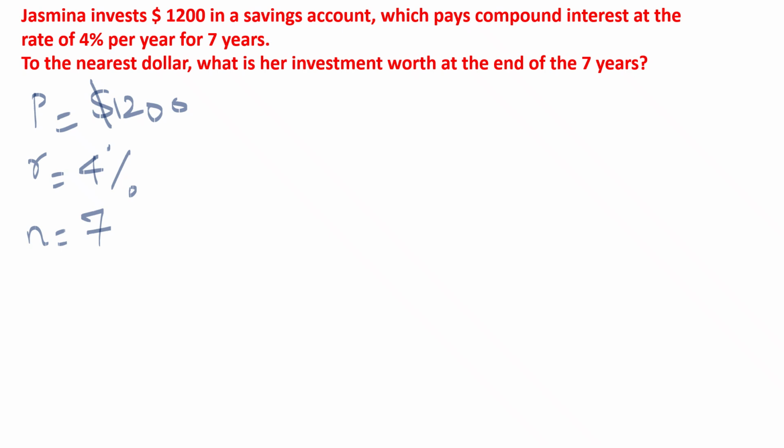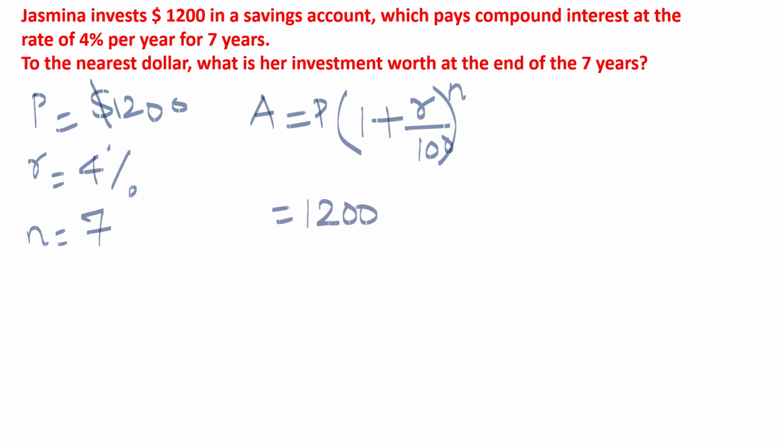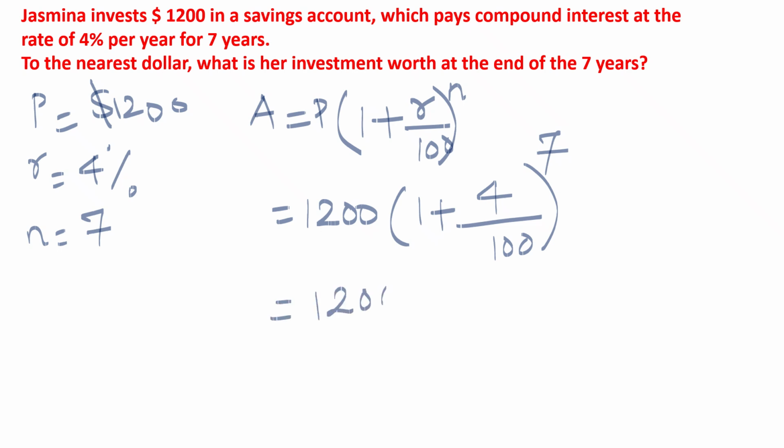Now my formula goes this way: amount is equal to P times (1 plus R upon 100) to the power N. P is 1200, 1 plus 4 divided by 100, the whole to the power 7.